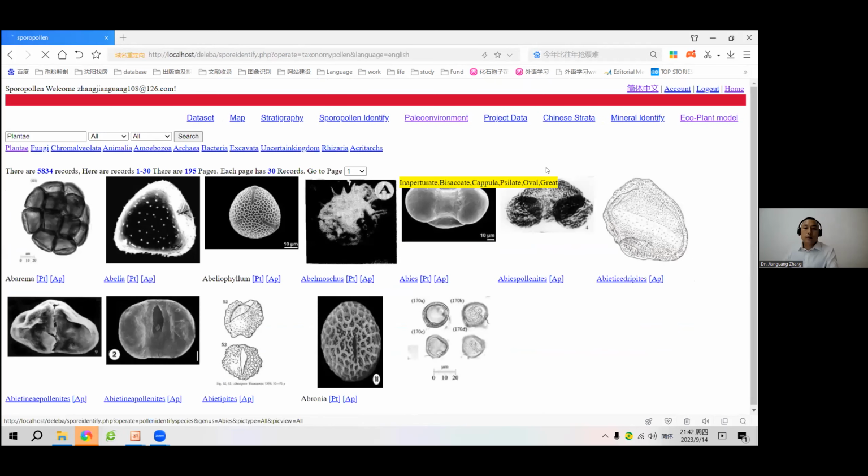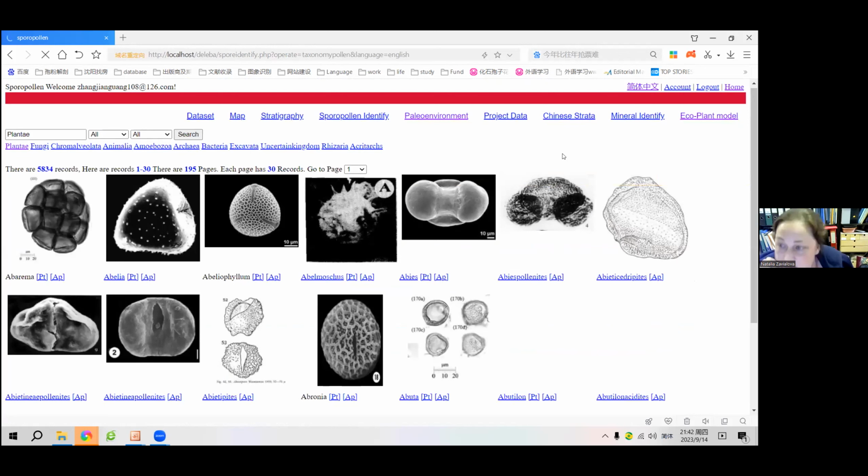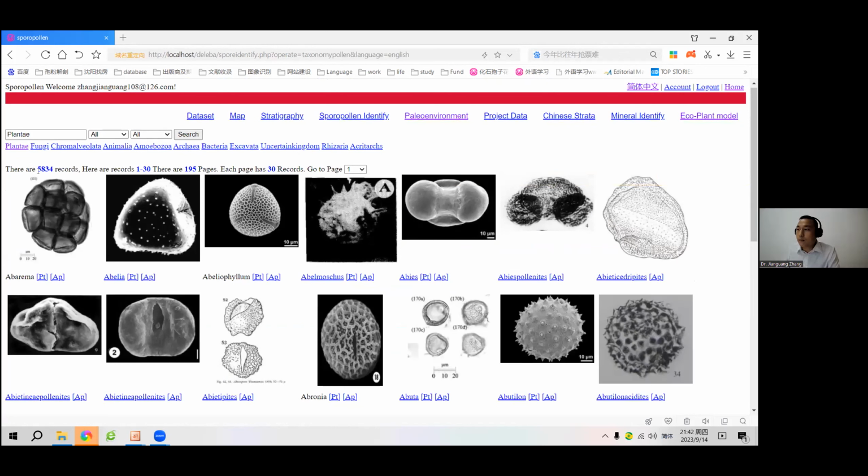So here is all the collected sporomorphs, or we can say spores and pollen. You can see we collected about 6,000 genera. It is from Paleozoic to extant, from today. So this is all kinds of pollen and spore.